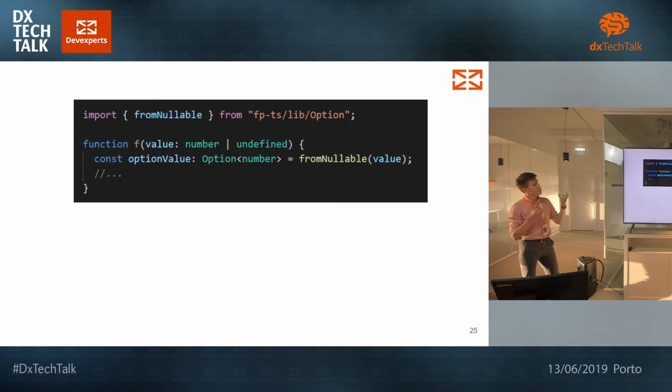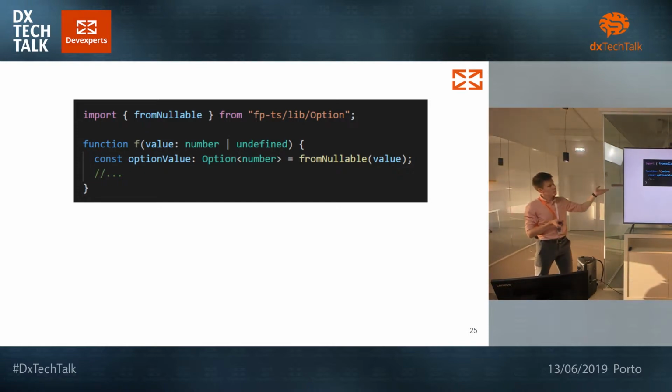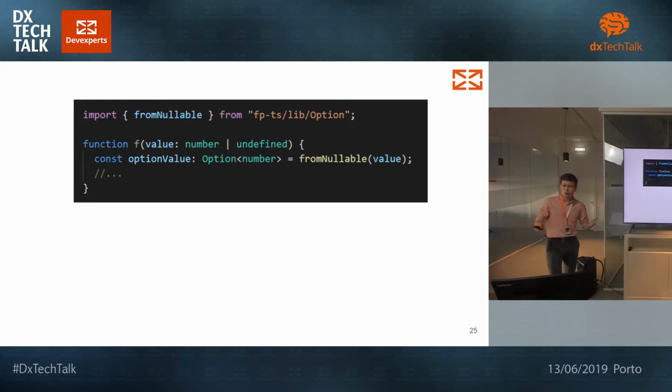First of all, we should create an instance of our option data type. There are several ways of doing that. In this first way, we have something of type number or undefined, and we want to make an option instance from it. So we have the fromNullable function helper, and it gives you an option, and you don't know at compile time which option it will be, whether none or some.